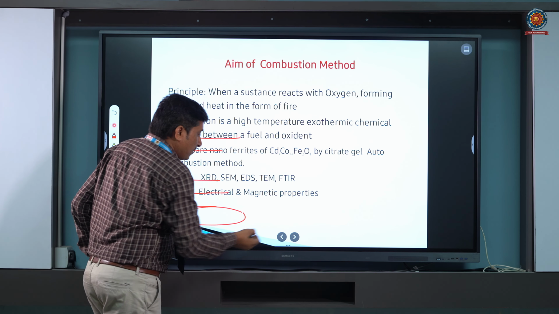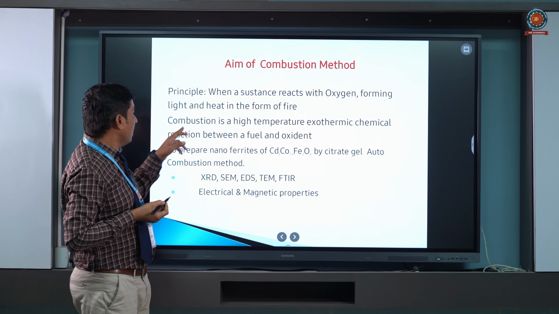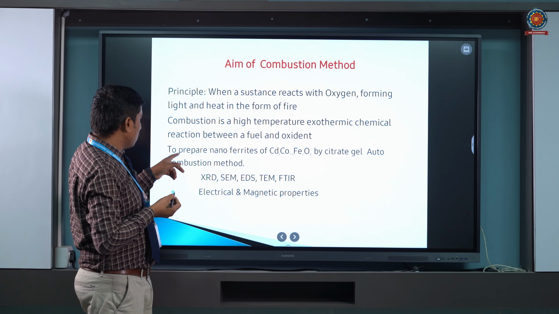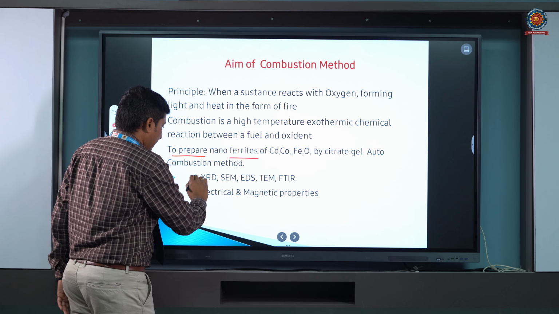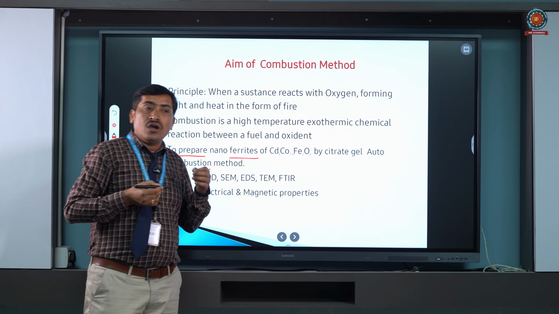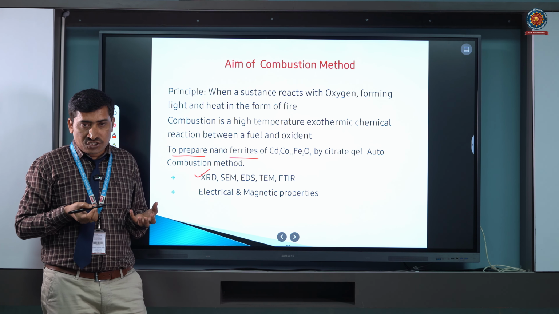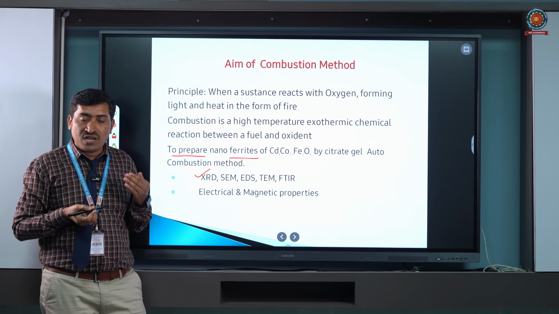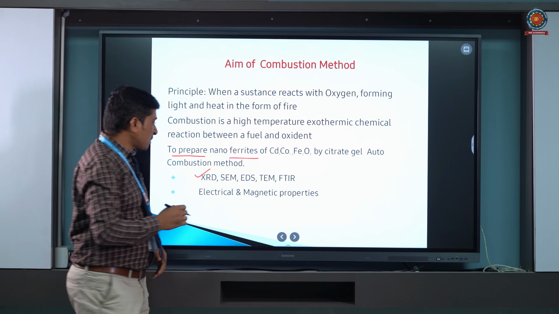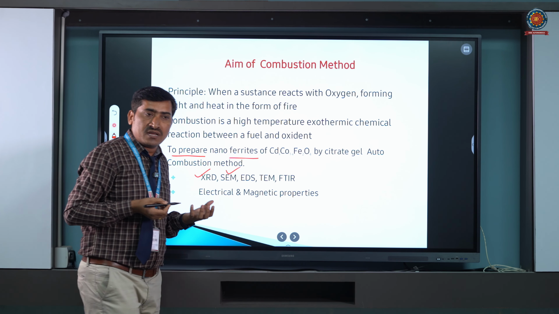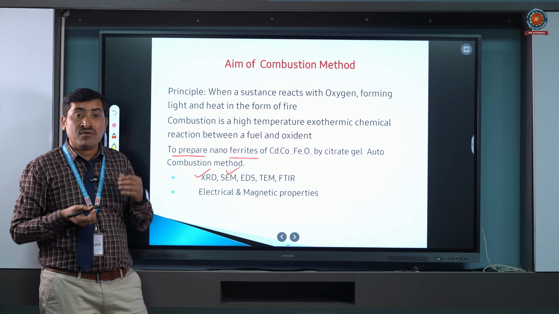Why? That is the principle of the combustion method. We prepare nanomaterials, nanoferrites, and XRD gives good data on whether our material is crystalline or amorphous. Next is SEM, scanning electron microscope, which gives the surface morphology of our material.